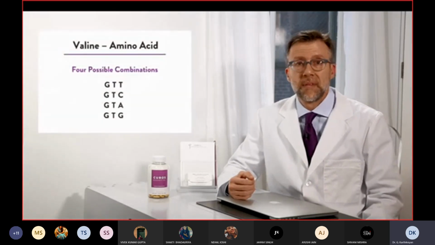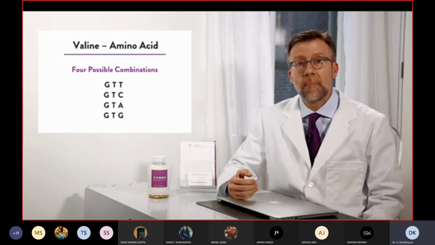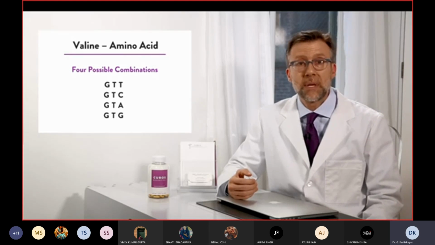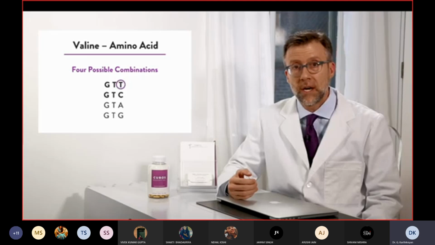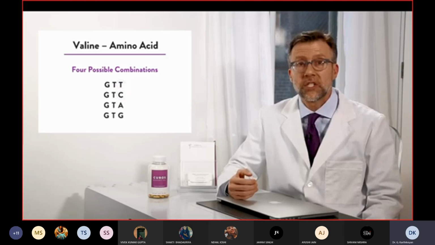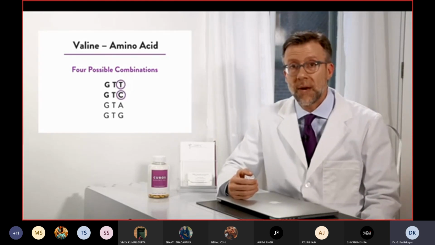Well, check this out. You can see there are actually 4 different codons that make the amino acid valine. There are 4 different ways to make valine. So if a mistake happens on the last letter of the codon, and my DNA actually swaps that T for a C, it actually makes no difference because GTT and GTC both code for the same amino acid.